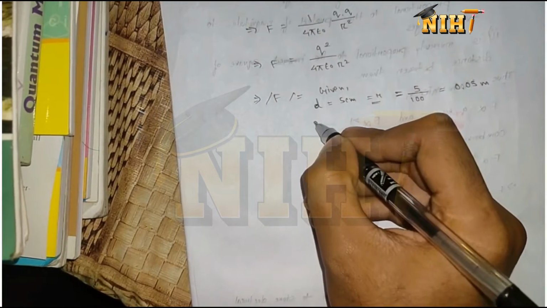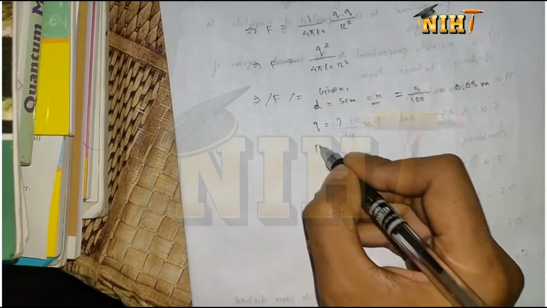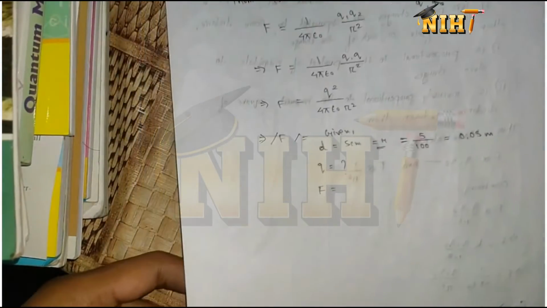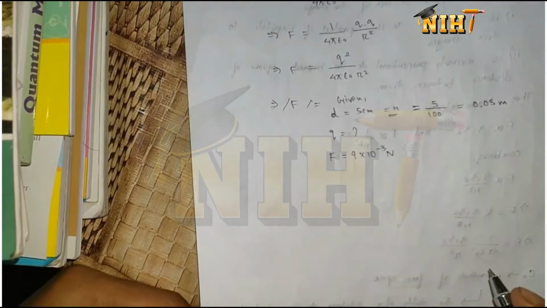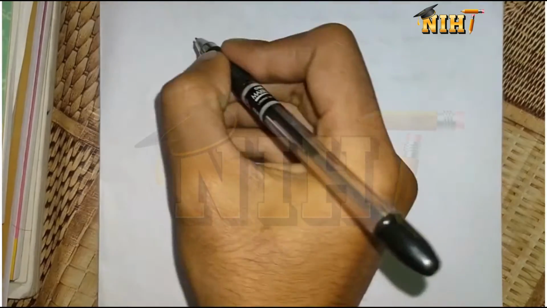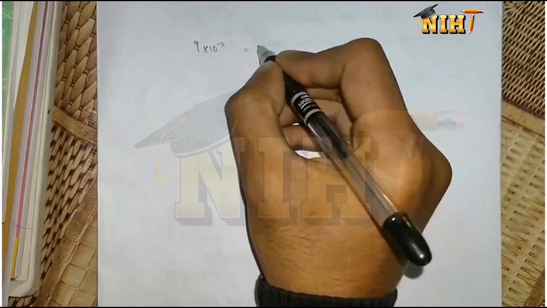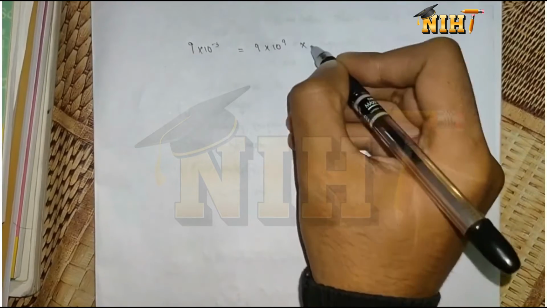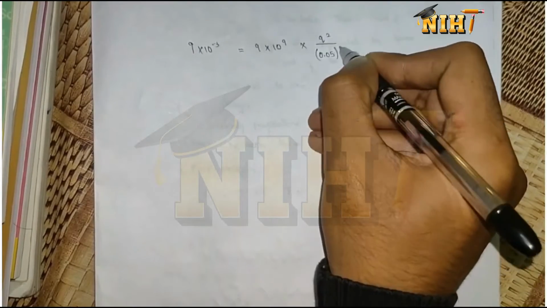Now we have q. No, we do not have the value of q. We have to find q, and the force is given as 9 into 10 to the power minus 3 Newton. Now putting all the values in our initial equation, we have 9 into 10 to the power minus 3 equals 9 into 10 to the power 9 into q squared divided by 0.05 squared, the distance squared.